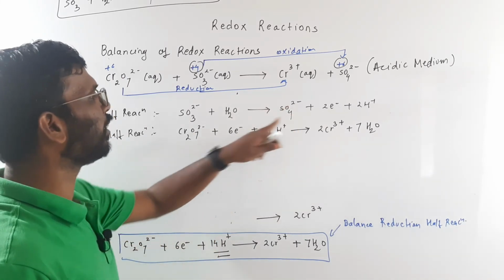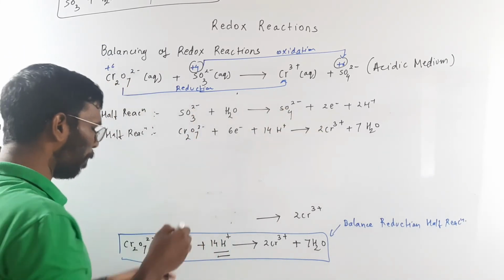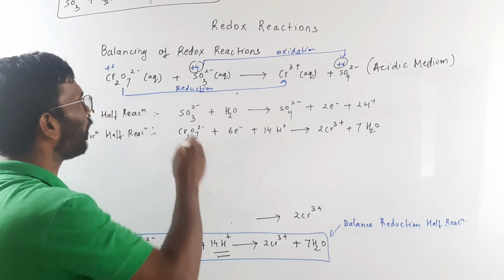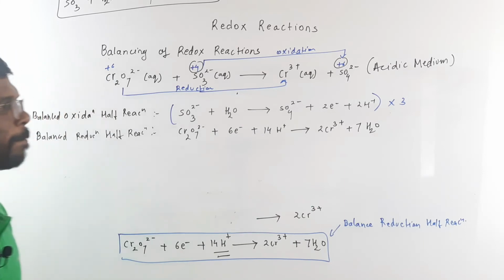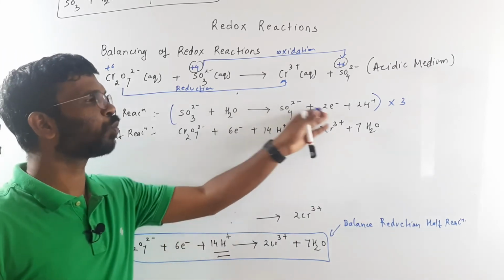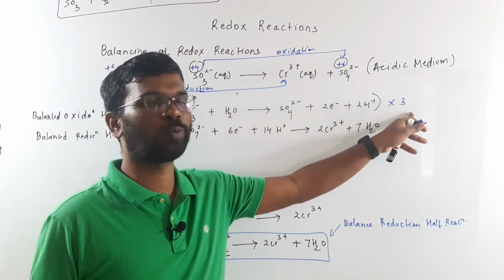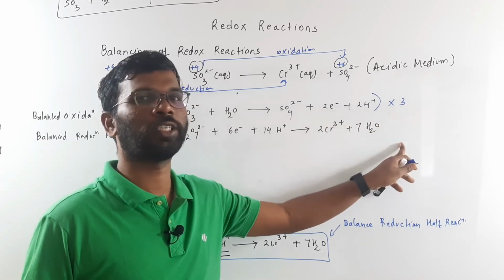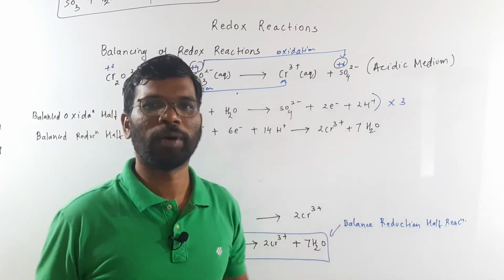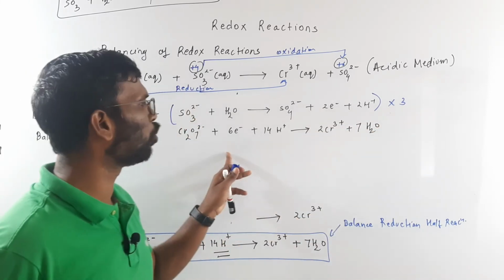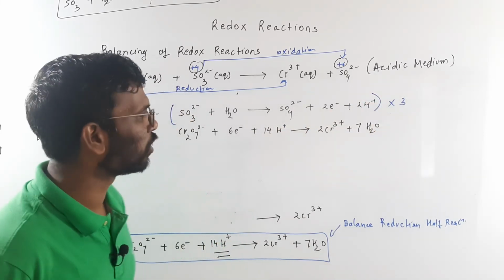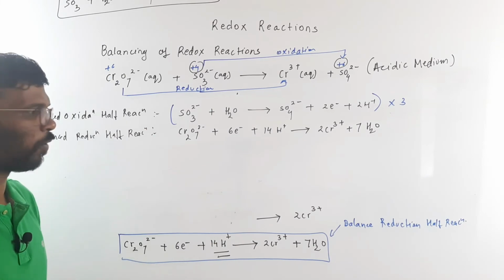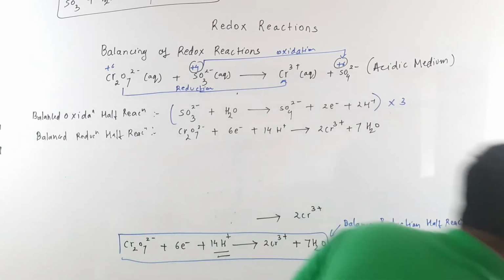Like here it is 6 and here it is 2, so you will multiply the top reaction by 3. Let's say this was 2 and this was 3, you would have multiplied this reaction by 2 and this reaction by 3, so that the numbers become equal. Not necessarily always should it be 6. Like if this is 6 and this is 1, you will multiply one of the reactions to be equal to 6.